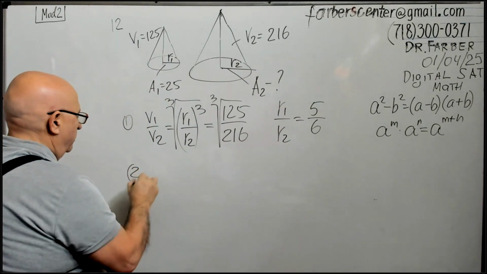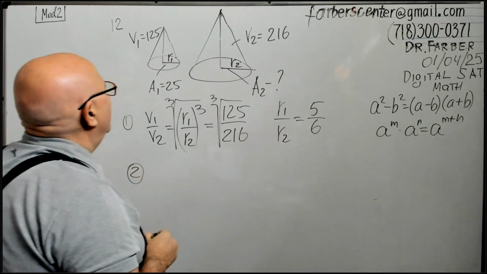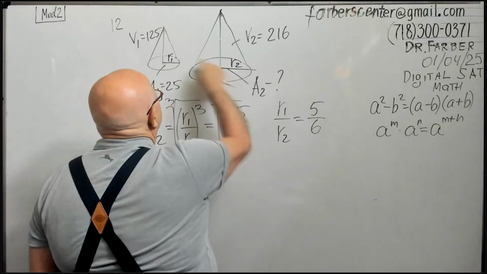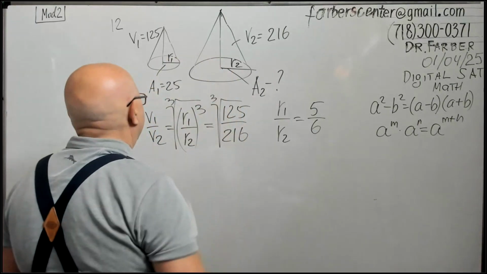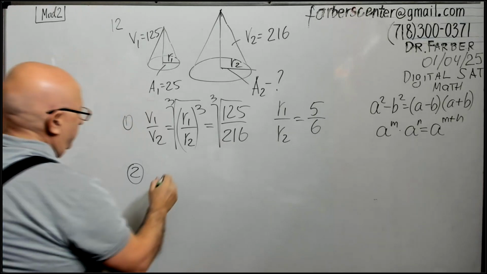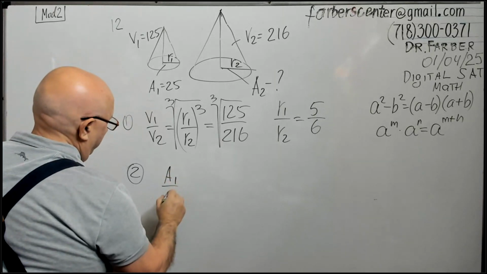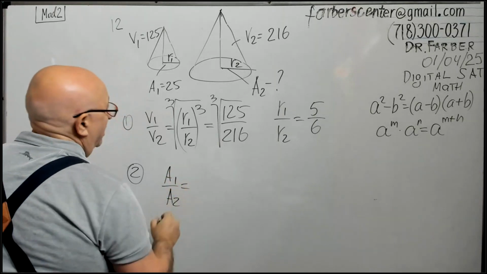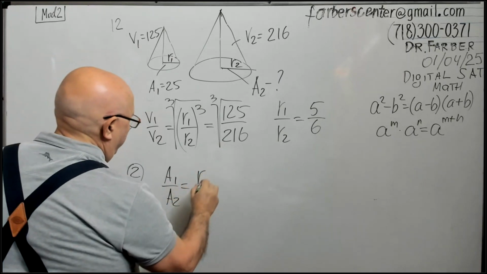Step number 2. If two shapes are similar, these circles, then ratio of their areas equals square of linear ratio.